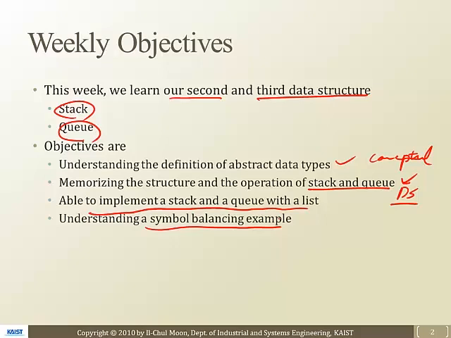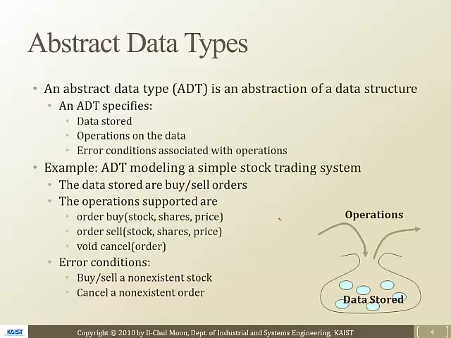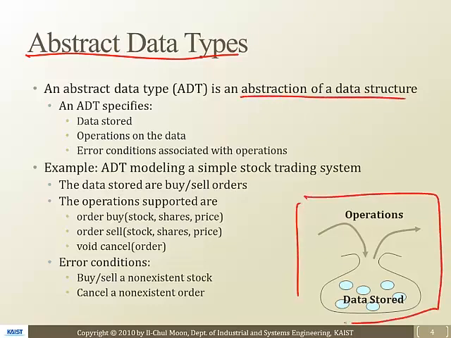Okay, homework 2, right? So let's start with the basics of this text. Before we really start, we are going to talk a little bit about the abstract data type. An abstract data type is an abstraction of a data structure. Take this bag.